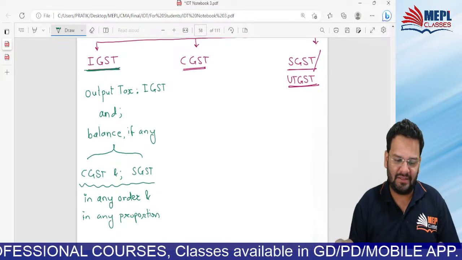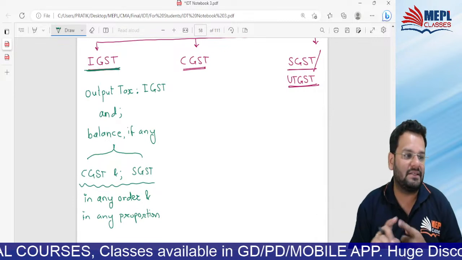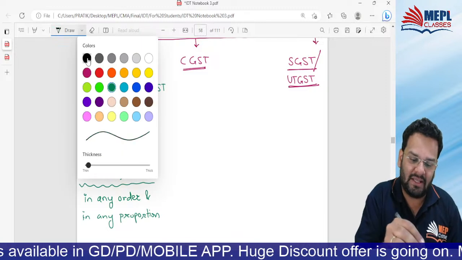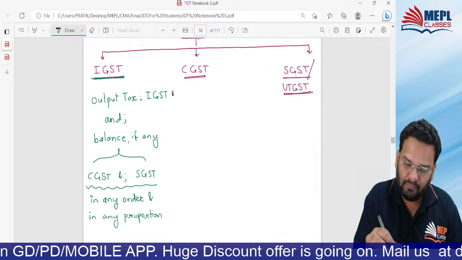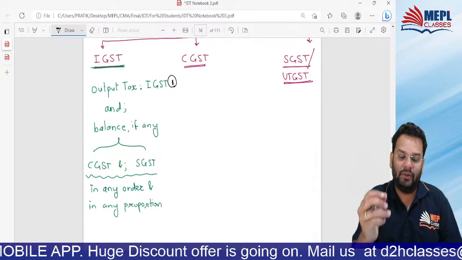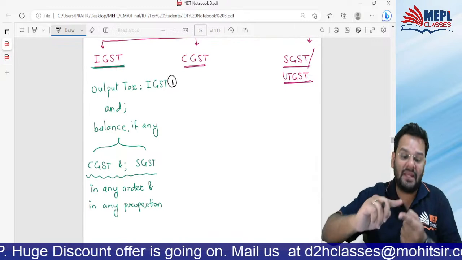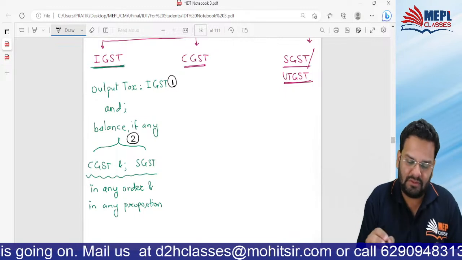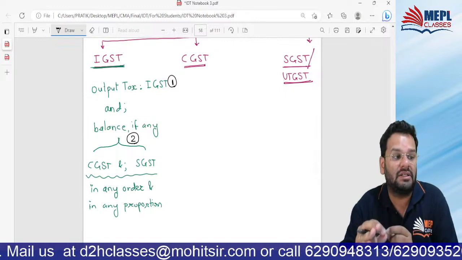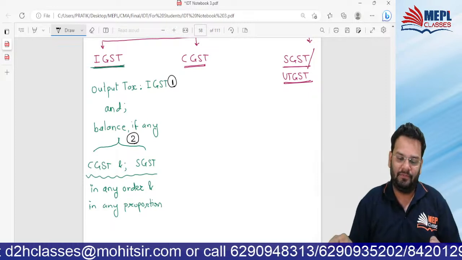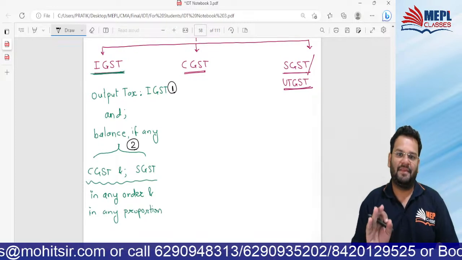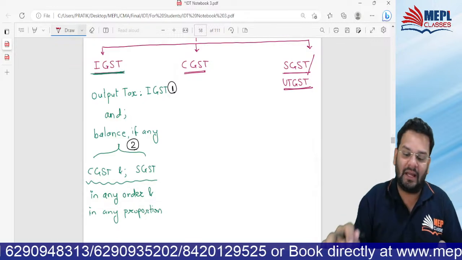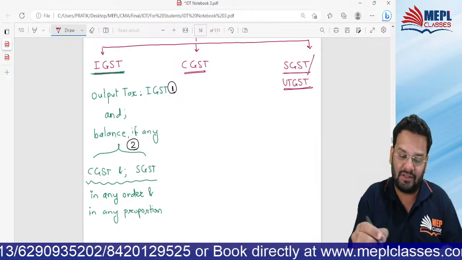First, utilize ITC of IGST to pay output tax of IGST. So I will call this as 1. Second, you will use remaining balance of IGST to pay CGST and SGST in any order and any proportion. Clear? Then touch ITC of CGST.